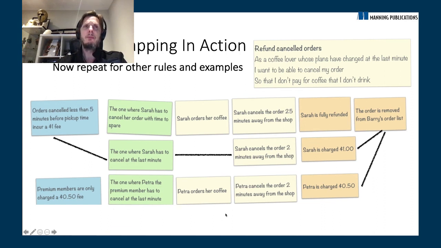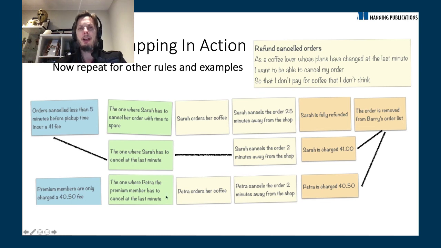So we decide what flows are significant and what flows we want to include in the feature map. And these scenarios end up being our guidelines for our acceptance criteria. So each flow will result in an automated acceptance criteria.